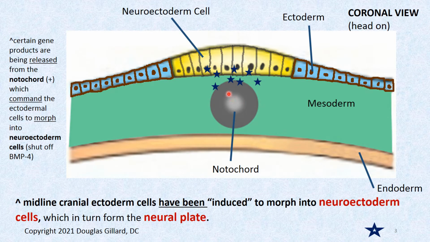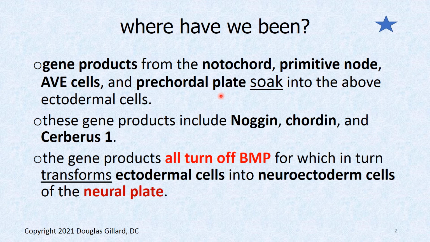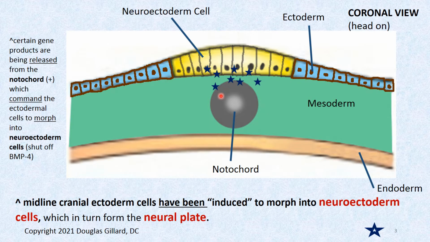And here's a cartoon of any one of those, noggin, chordin, Cerberus 1, diffusing out of the notochord and soaking into these ectoderm cells. Then they turn on genes that turn off genes, which morph them into a plate of neural tissue called the neuroectoderm.